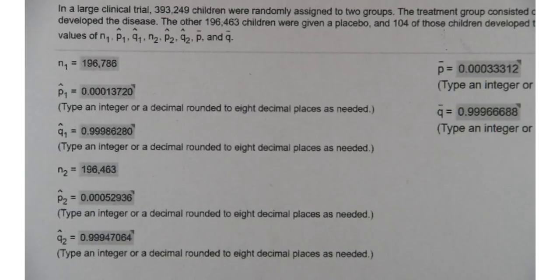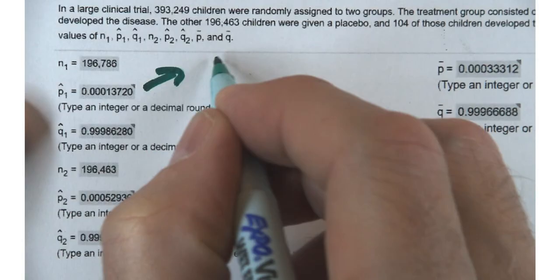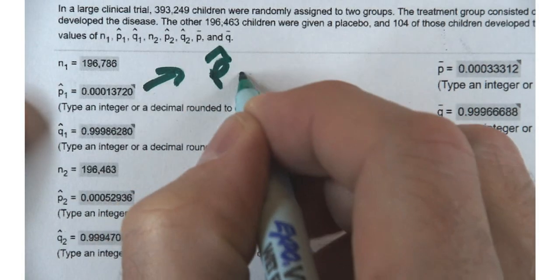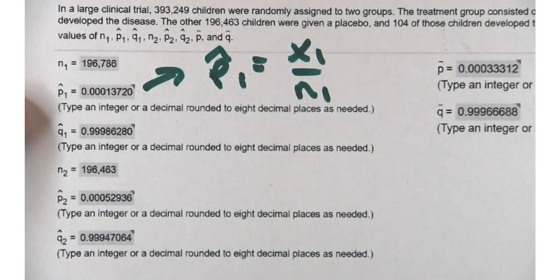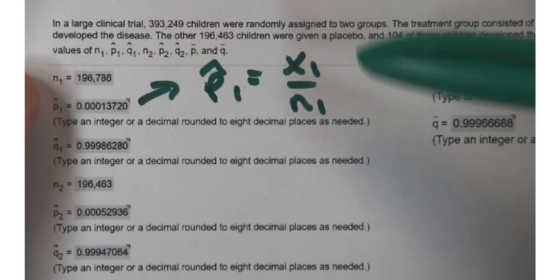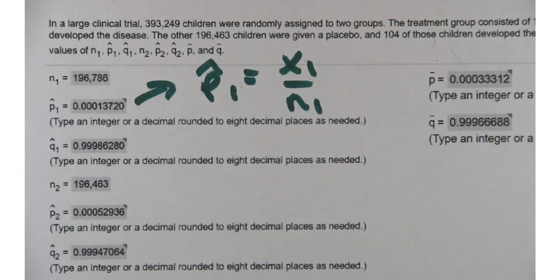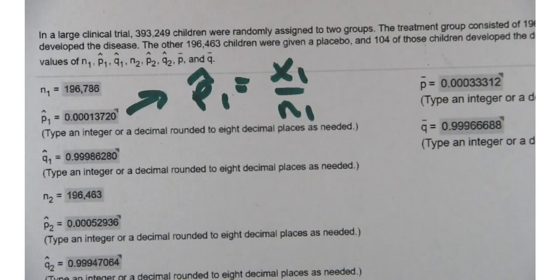Well, that answer, p1 hat, is x sub 1 divided by n sub 1. That's all that p hat is. So if you had to calculate some of these statistics for yourself, heaven forbid that you end up having to find the actual z value, then you're going to need to know some of these things, like p1 hat or p2 hat.